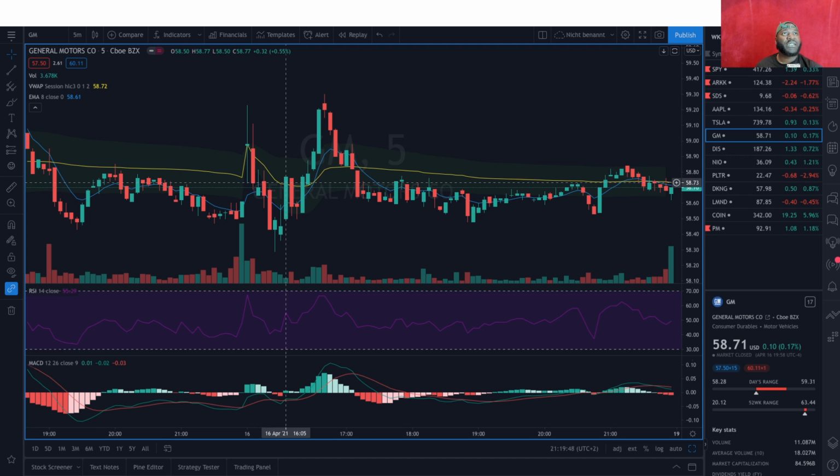That's where we entered, and then we would have ridden it until it nearly touched the 70. So that will be here. And where was that? It was at 66 on the RSI. So we would have exited here because we saw that it was too high and it was definitely bound to go down.